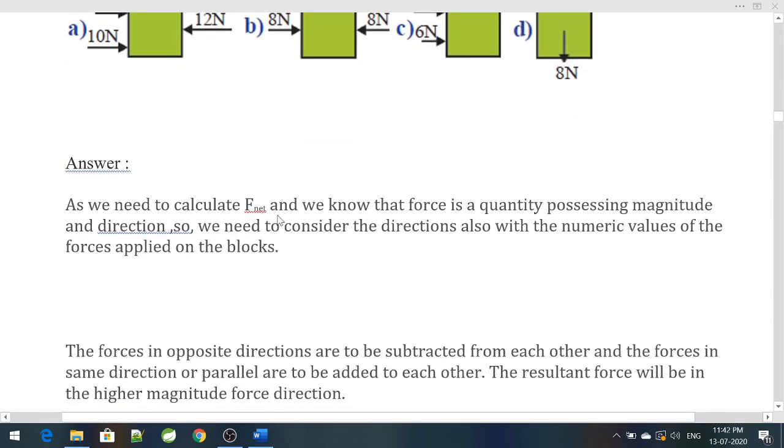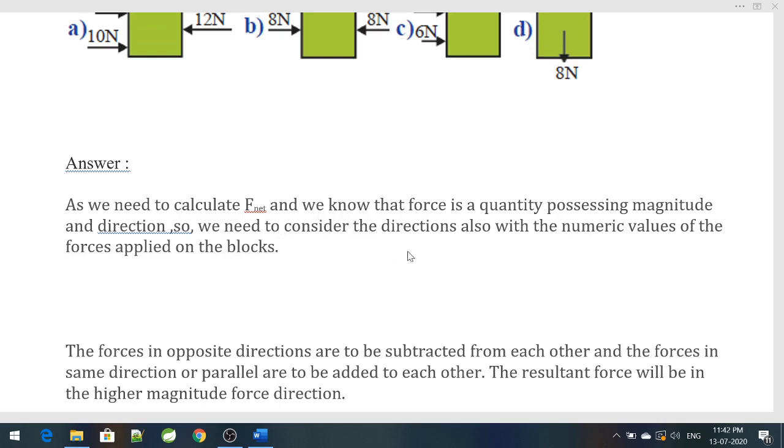As we need to calculate the net force, we know that force is a quantity possessing magnitude and direction. So we need to consider the direction also, along with the numeric values of the forces applied on the block.